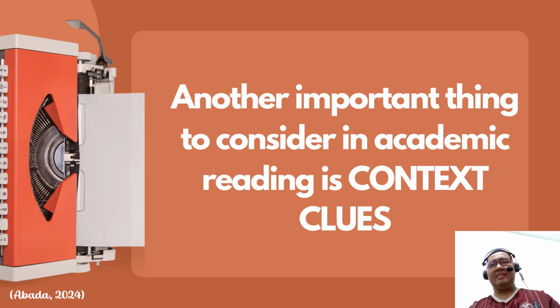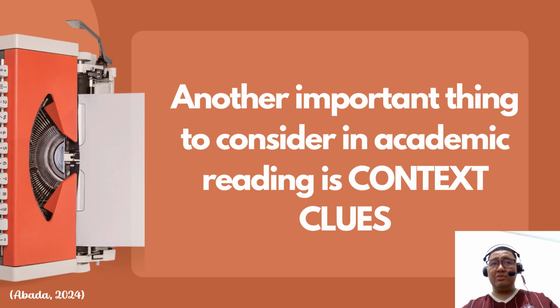Another important thing that you also have to consider in academic reading is context clues. In certain sentences or paragraphs, there are some words that you may consider unfamiliar. When I say unfamiliar, that's something that is not common to you, or perhaps you do not exactly know the exact definition.